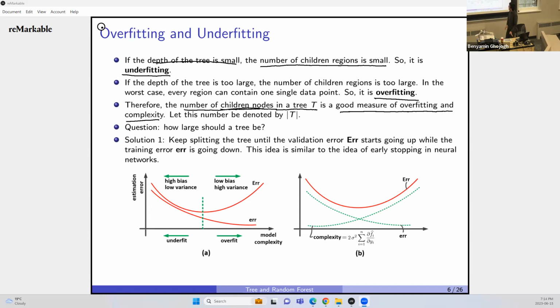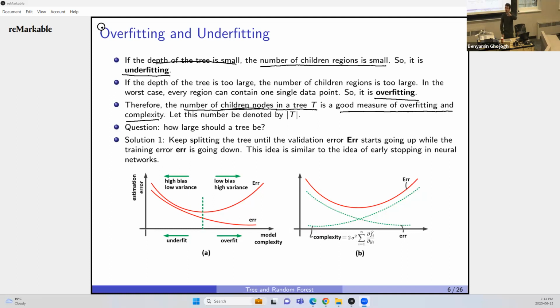So if the depth of the tree is small, then the number of children regions is small. So we can have underfitting and overfitting in a tree, right? If the depth is too small, we don't grow the tree too much, then the regions will be big and it's not fine-tuned enough. It means that it's underfitting. If we grow it too much, in the worst case, what happens?